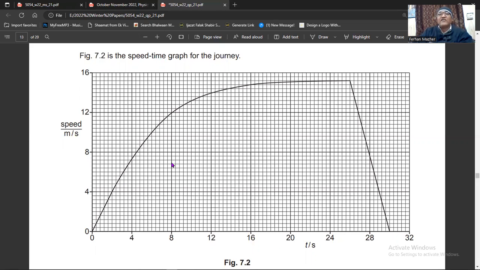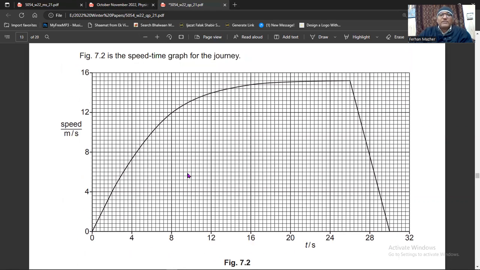Its gradient is gradually decreasing, which means that the acceleration of the body is gradually decreasing. And at t equals 22, the acceleration becomes 0 and the velocity becomes constant. At 26, it starts decelerating, and at, I think, 30, it comes to a stop.